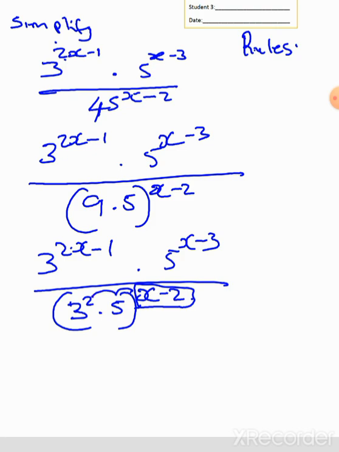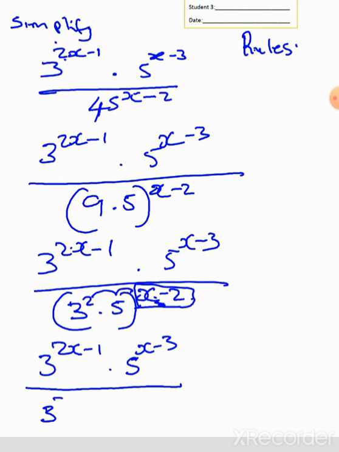If it moves in, you have 3 to the power of 2x minus 1 times 5 to the power of x minus 3, over, then we move the power at the bottom, so it'll be 3 to the power of 2 times x minus 2, times 5 to the power of x minus 2.